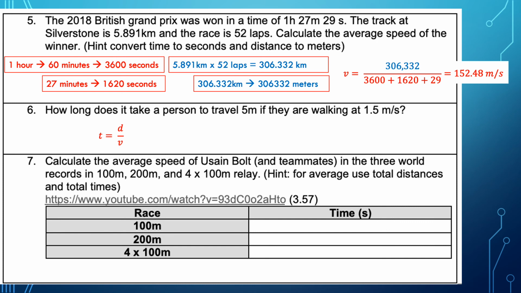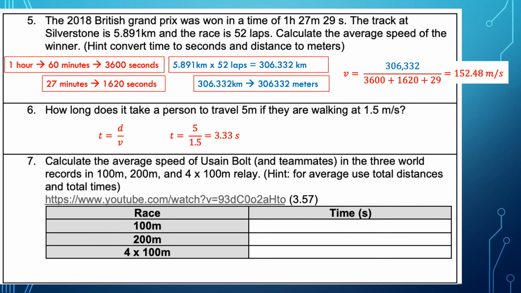And now it's just a matter of replacing the symbols with the numbers. So distance was 5 meters, and the speed was 1.5 meters per second. So there you go. 5 divided by 1.5 gives you 3.33 repeating seconds. All right, so it would take you roughly just over 3 seconds to walk 5 meters if you're walking at a speed of 1.5 meters per second. That hopefully makes sense, okay?